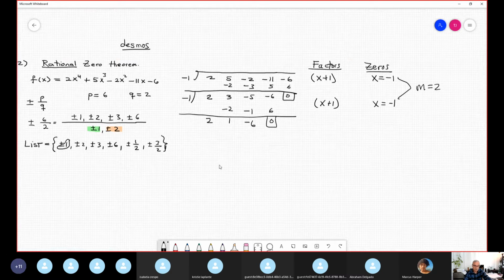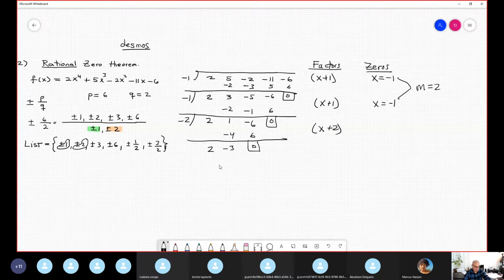Now we continue standard division using -2. That -2 belongs to this list also. Look. Okay, entonces, let's try, bring down 2. 2 times -2 is -4. This is -3. And -3 times -2 is +6. Again, 0. If it's 0 remainder, entonces the factor x plus 2 belongs to the polynomial, and the zero is -2.